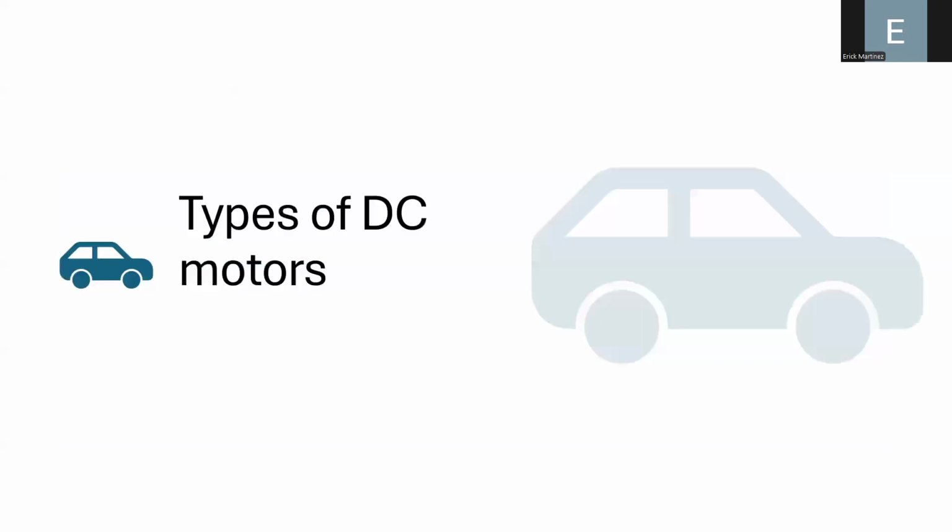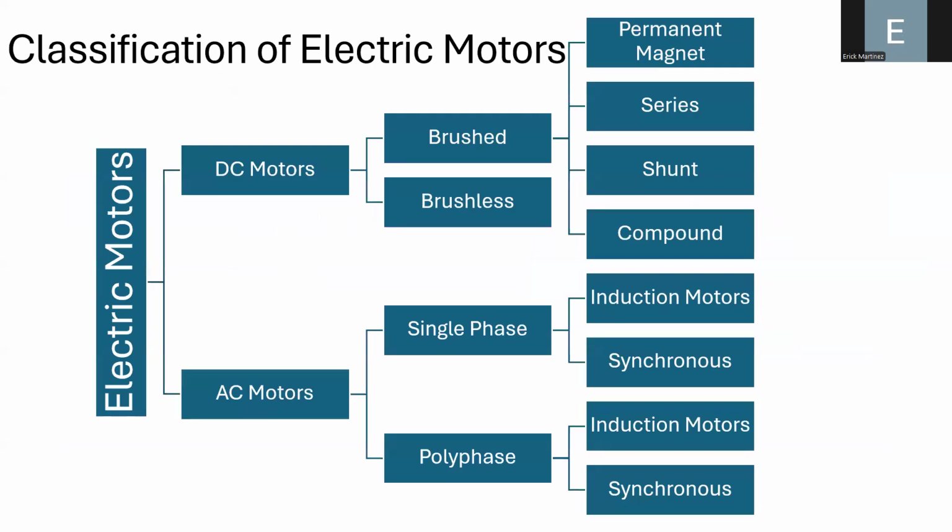Okay. So, there are different types of motors. We can classify them in the following way. We have DC motors and AC motors, and both can be subclassified into different types. For example, DC motors can be classified between brush and brushless DC motors.